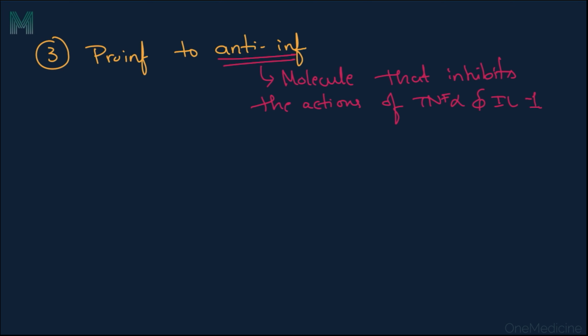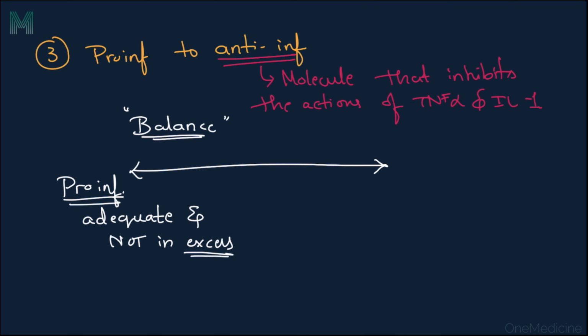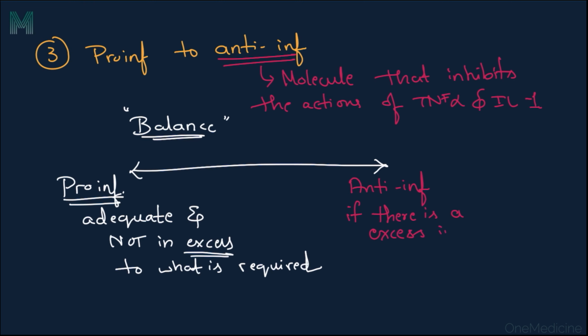There is usually a balance between the pro-inflammatory and anti-inflammatory molecules such that the amount of pro-inflammatory molecules being generated is adequate and not in excess to what is required. This is counteracted or balanced by anti-inflammatory molecules if there is an excess in pro-inflammatory cytokines.